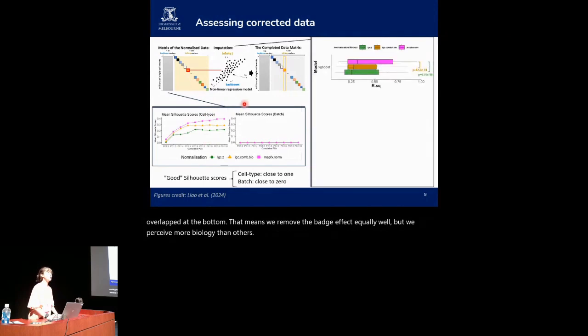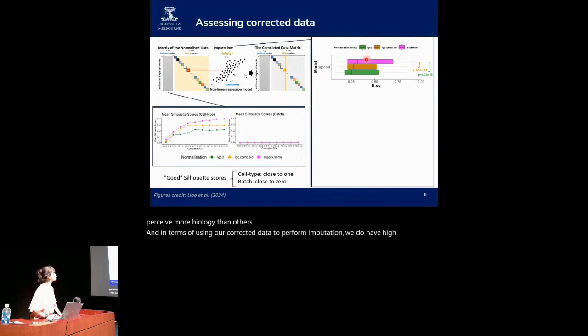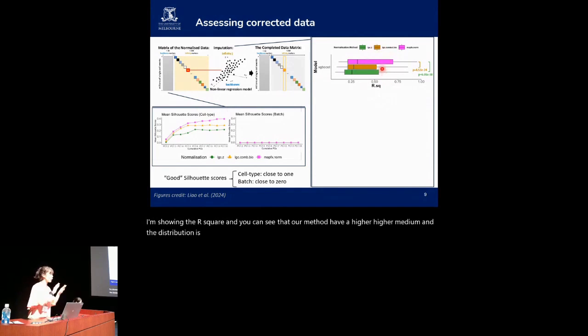And in terms of using our corrected data to perform imputation, we do have better imputation results, as you can see here. I'm showing the R square, and you can see that our method has a higher median, and the distribution is better towards 1 than the other 2 methods.